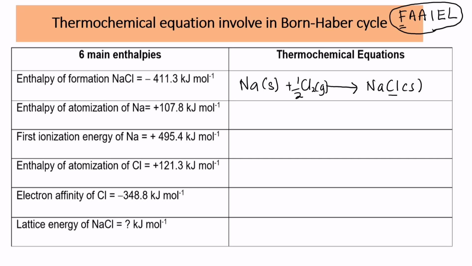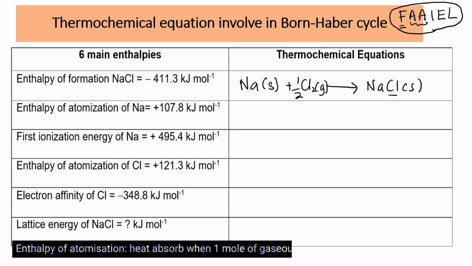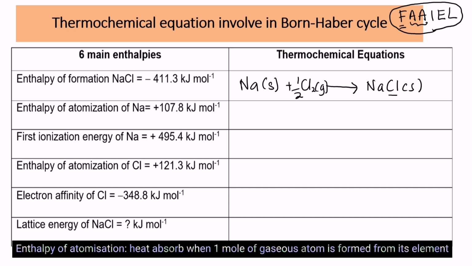Next, A, for enthalpy of atomization. Enthalpy of atomization means that we want to form 1 mole of gaseous atoms from its element. So we want to form Na gas from its element, Na solid.